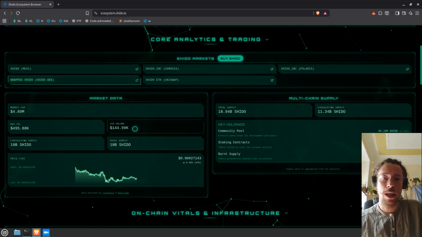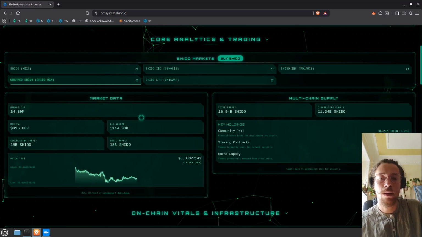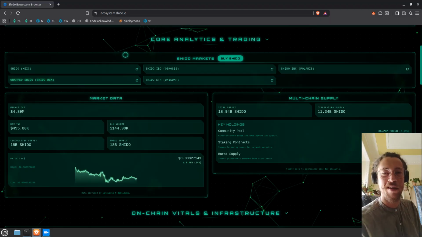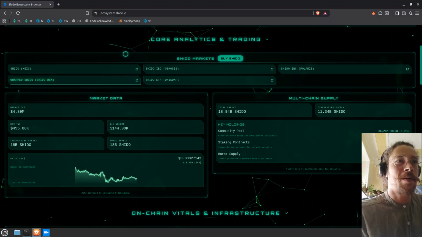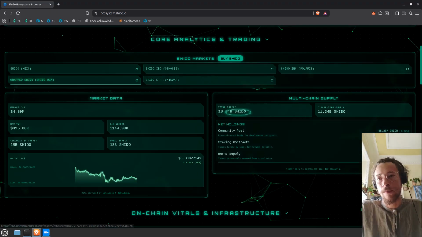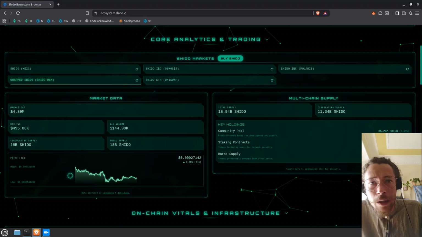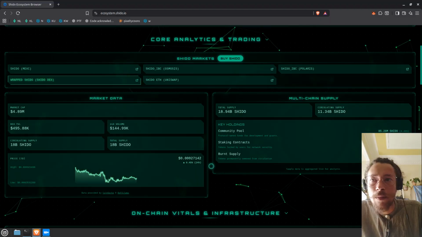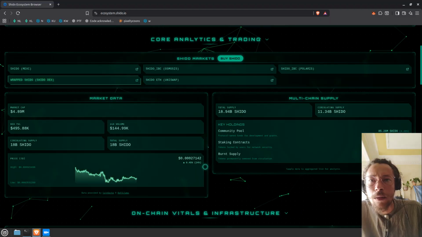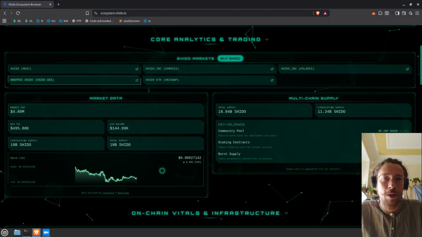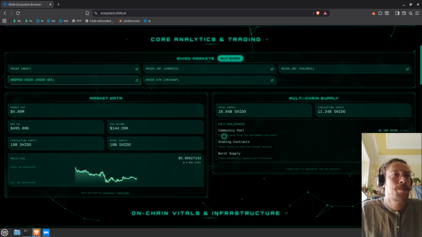Shido is getting increased adoption lately, and new projects popping every day, which always brings up the volume. You have also a chart here. Let's check. This is from, okay, I can't say, but it's up in the last 24 hours.